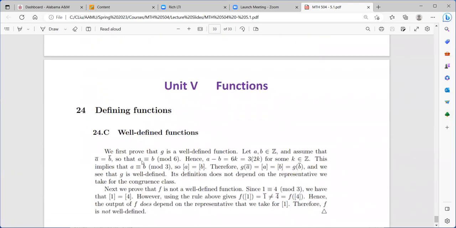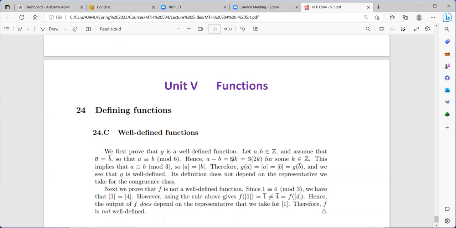A bar equals B bar means A is congruent to B modulo 6, as G is defined on congruence classes modulo 6. So that means A minus B must be equal to 6K, where K is an integer. That's a multiple of 6, which is what congruence class, equivalence class, means.